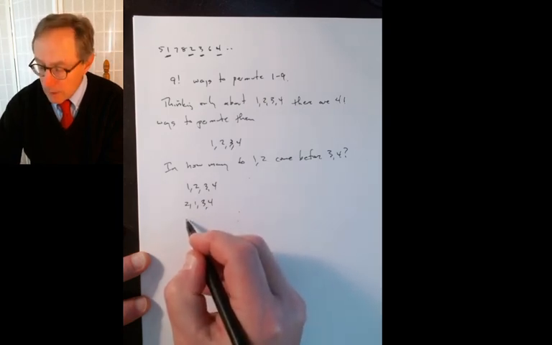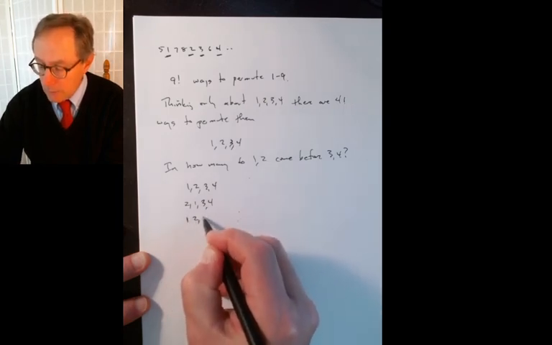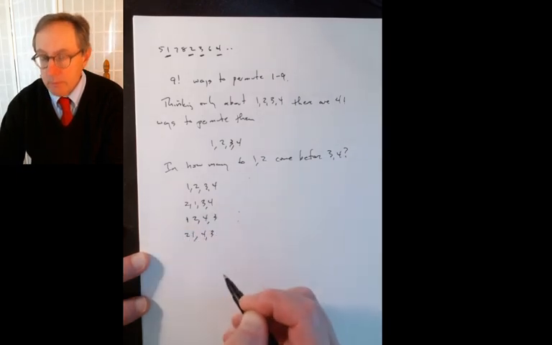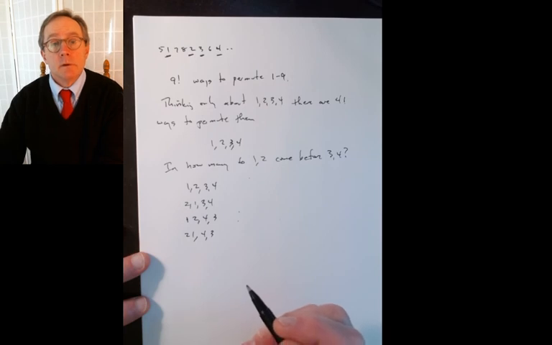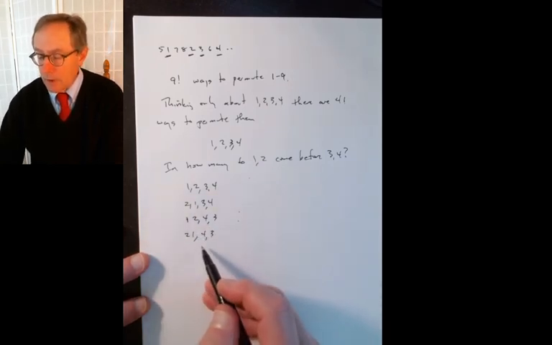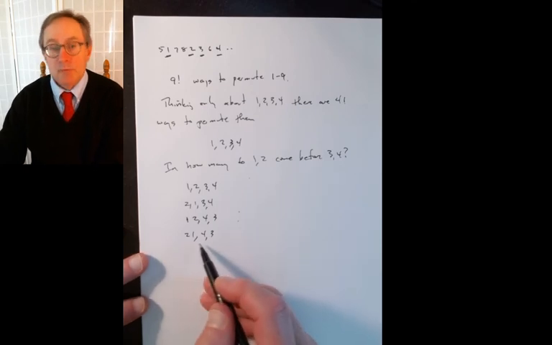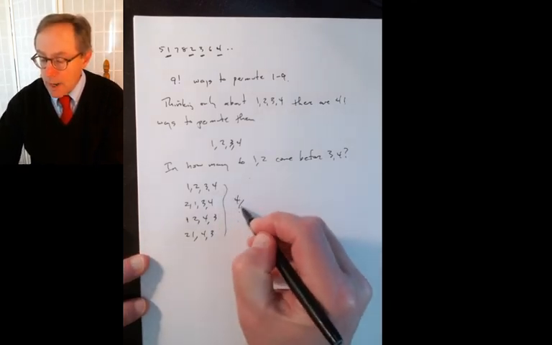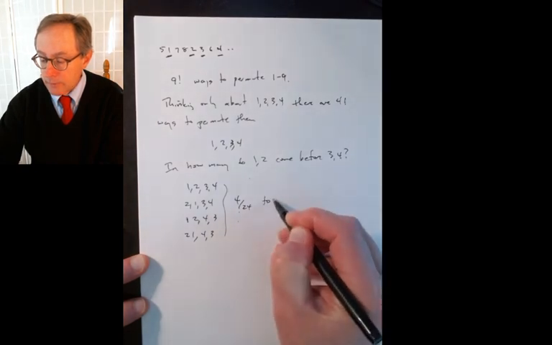How about 1, 2, 4, 3, and 2, 1, 4, 3. And I think that's it. In any other permutation of these 4, I would move the 4 before the 1 or the 3 before the 2. So this is 4 out of the 24 total ways.